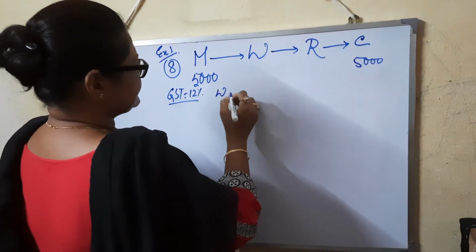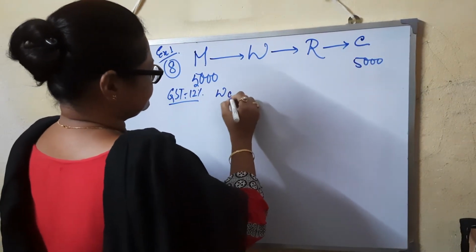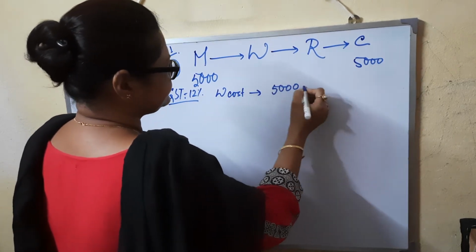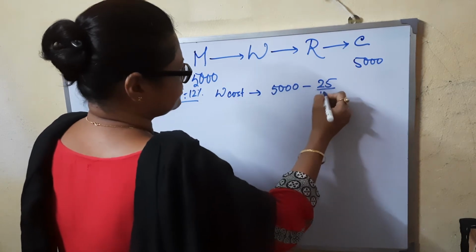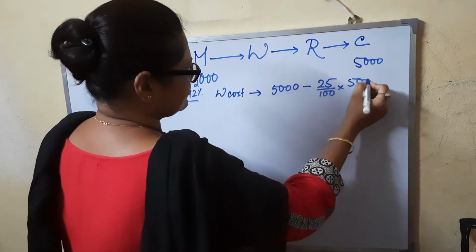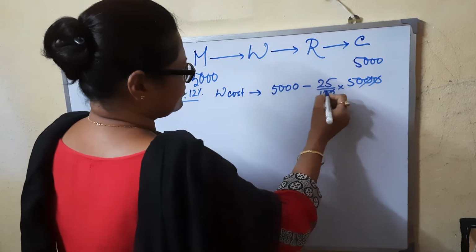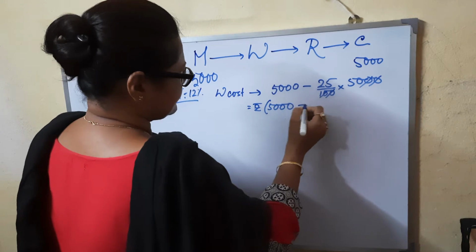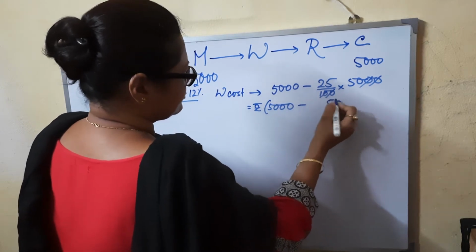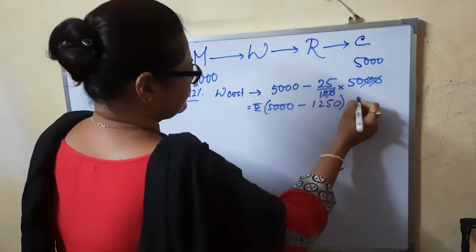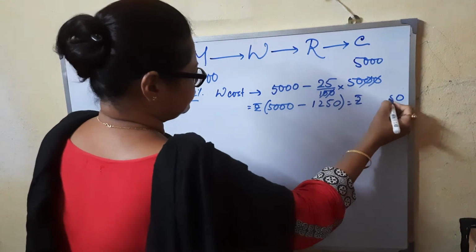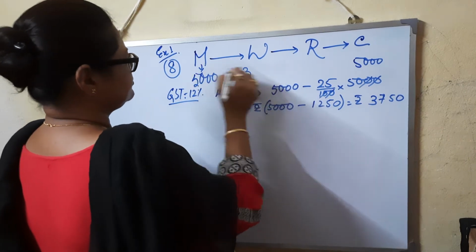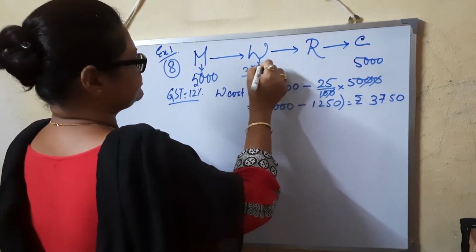So wholesaler pays the cost with a discount of 25%, which is 3750.